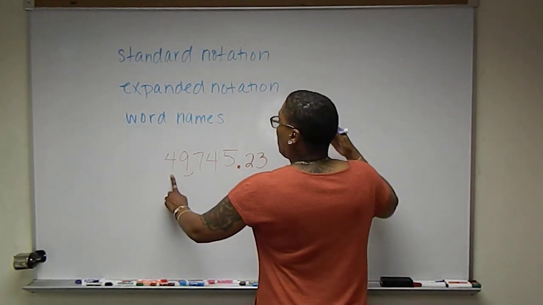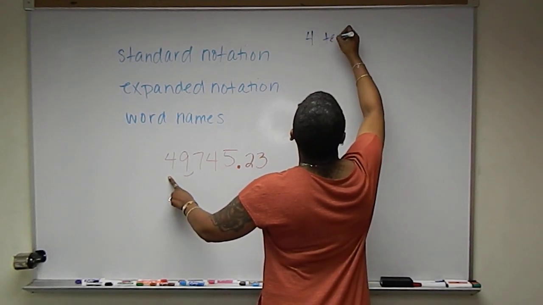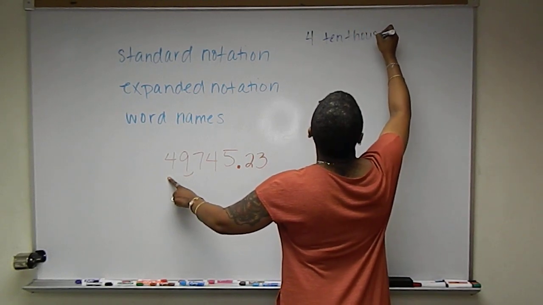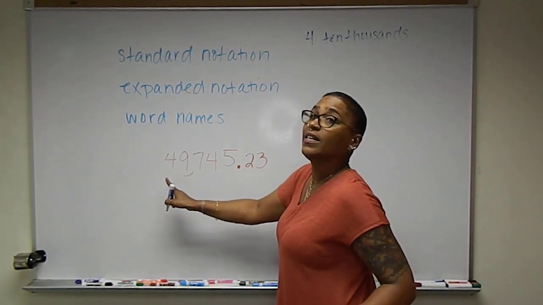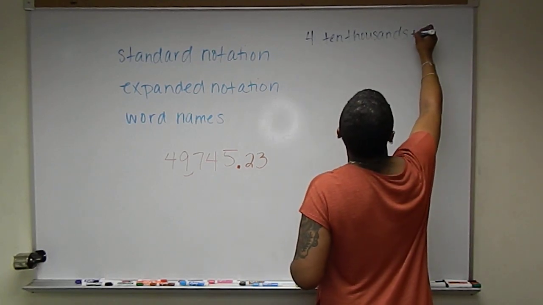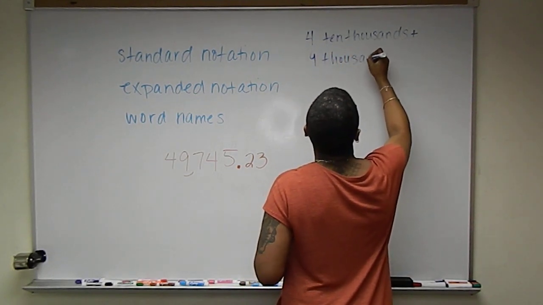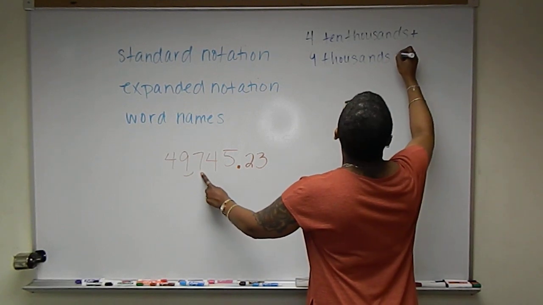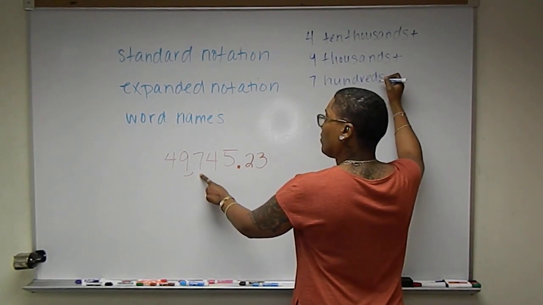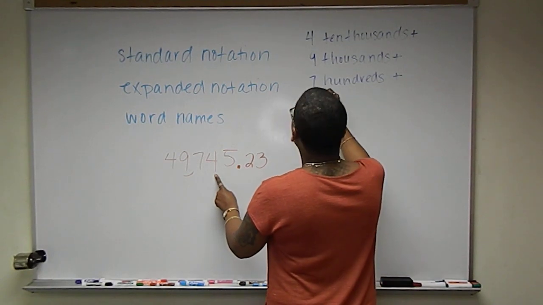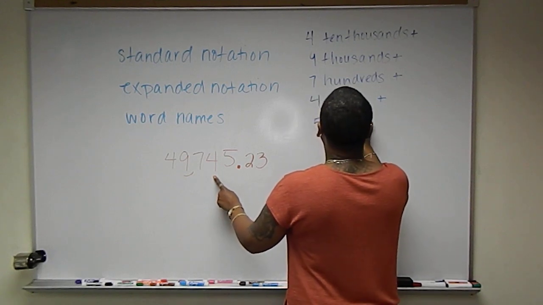We have 4 in the 10,000s: ones, tens, hundreds, thousands, 10,000s. 4 10,000s plus 9 thousands, plus 7 hundreds, plus 4 tens, plus 5 ones.